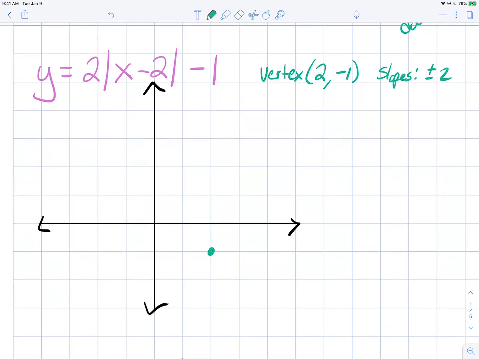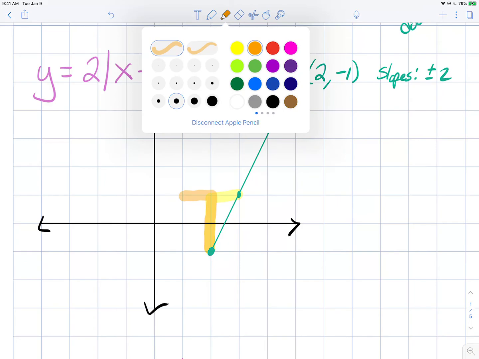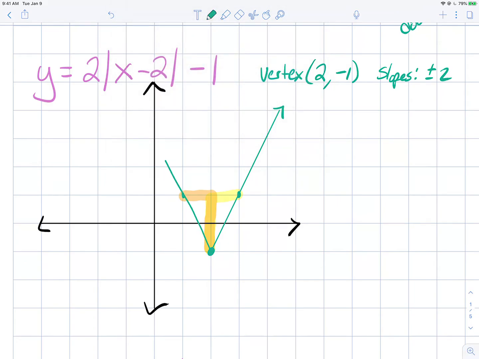Now this is a positive 2 in front of my absolute value, so I know my v has to go up. So I'm going to count up 2, right 1, and here's one side of my absolute value. And then for the other side, I'm going to go up 2, left 1 to get the other side of my absolute value. And now I have graphed my absolute value equation.